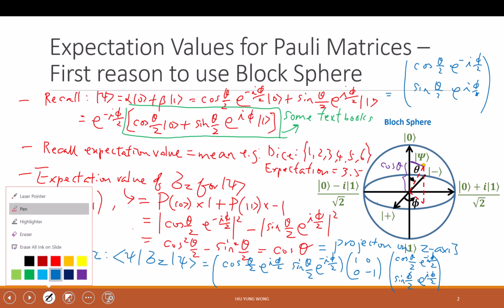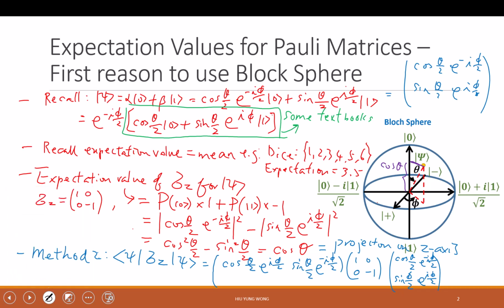As we have always been emphasizing since the beginning, this refers to how much 0 we have, and this refers to how much 1 we have. That's why we have this column. This is alpha, this is beta, so it's alpha, beta, and sigma z, and this one transposed and complex conjugated.